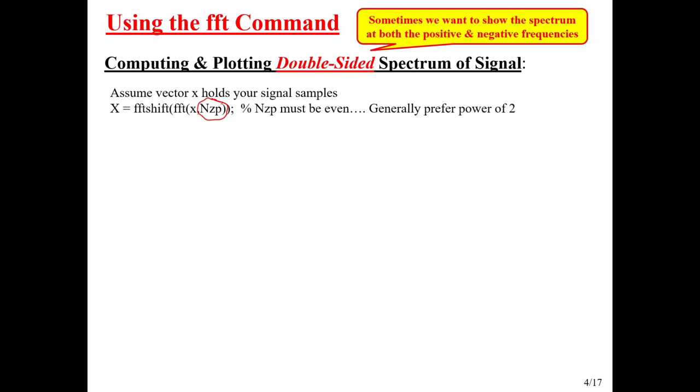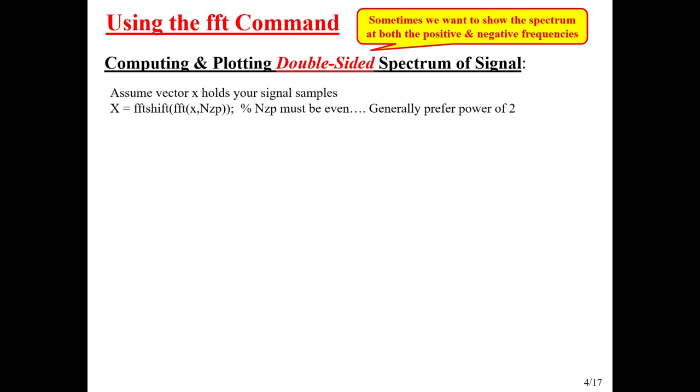But zero padding we talked about in the previous video. It allows us to control the grid error. So it gives us FFT points that are more closely spaced throughout the -pi to pi range. So we put it in right in the FFT command. We don't have to physically tack on zeros to our X vector. The FFT command has a feature that does that.